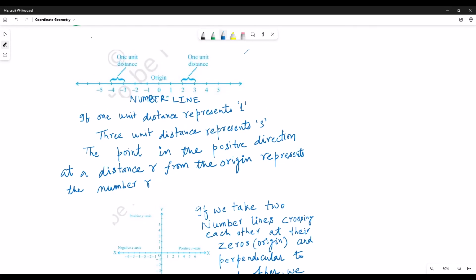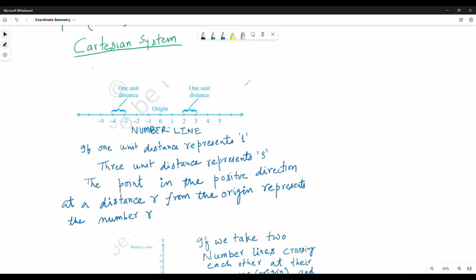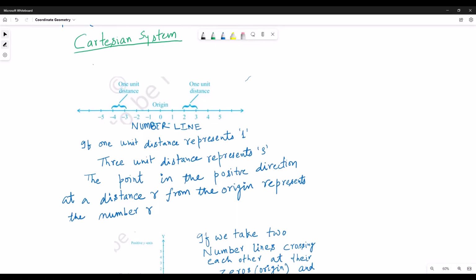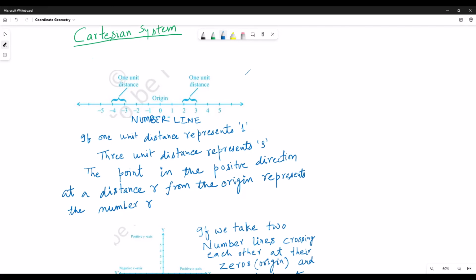If we go in the positive direction, we call them positive numbers, and if we go in the negative direction, that is the left-hand side of the origin, those numbers we call negative numbers, negative distance from the origin. So that is the number line, and the number line is in only one dimension, in only one direction, right?